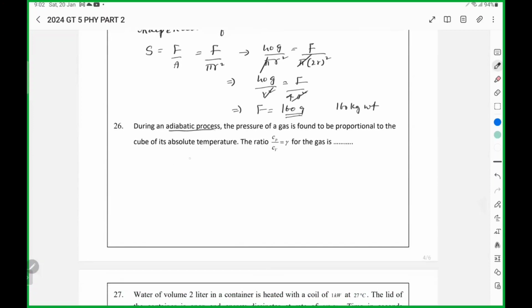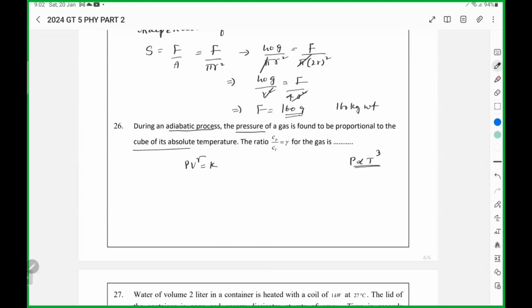During adiabatic process, in terms of PV, the pressure of a gas is proportional to cube of temperature.